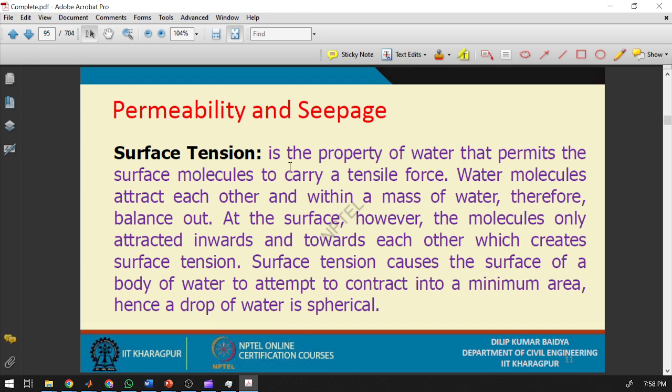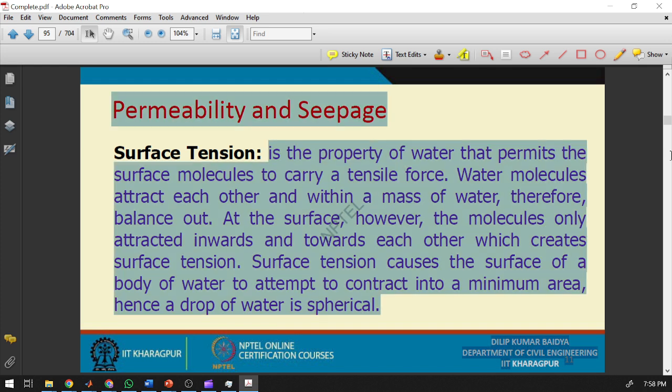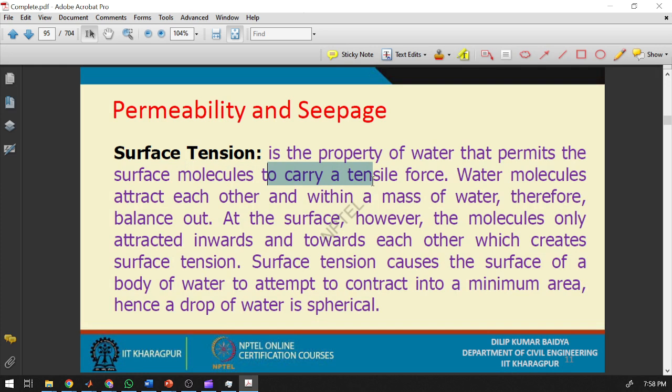Okay. So when you talk about the tension, it is a property that permits the surface molecule. We know when we talk about surface tension, what we are basically saying is that if you have an internal molecule and external molecule, here you have a molecule that is in equilibrium from all sides, but at the surface, the molecules have an imbalance of forces.